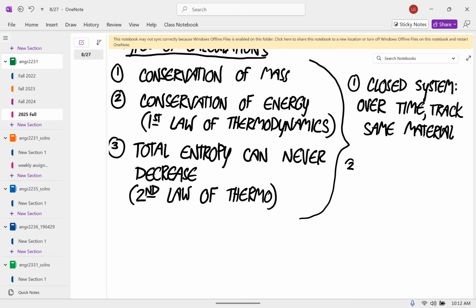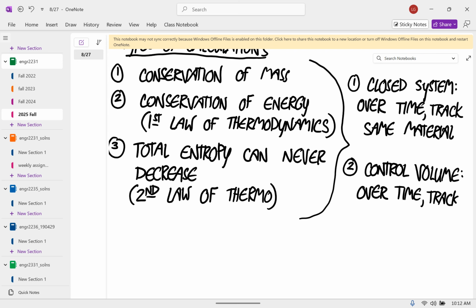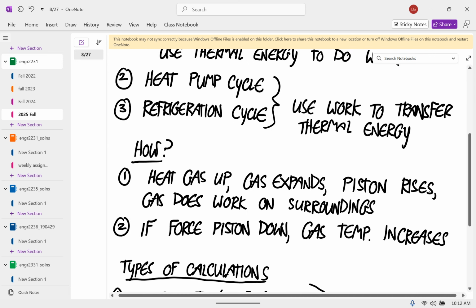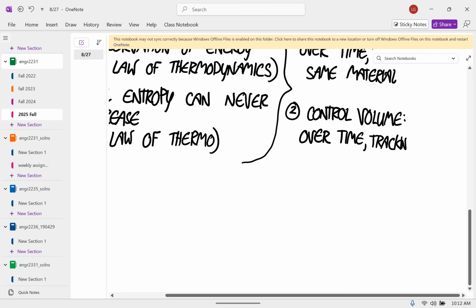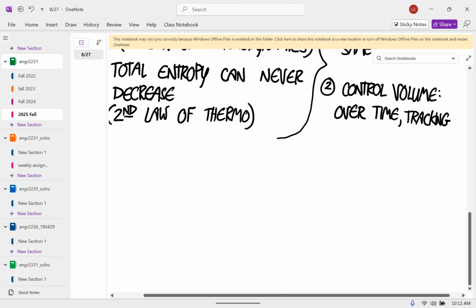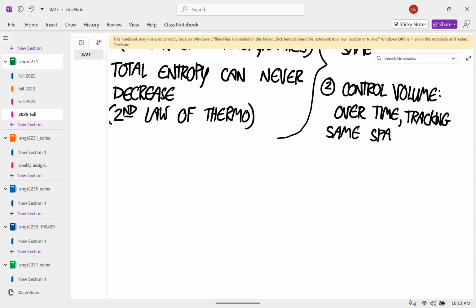And then the second approach that we're going to use is a control volume approach. And in that case, over time, we're tracking the same space, but material flows in and out of that space.